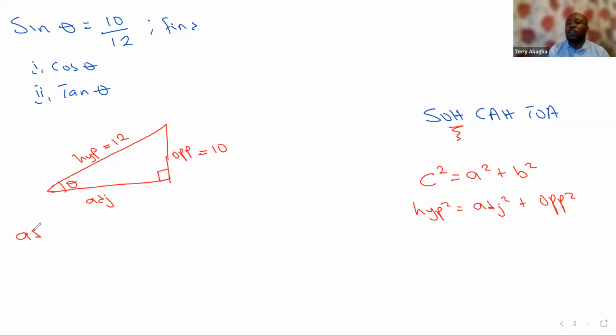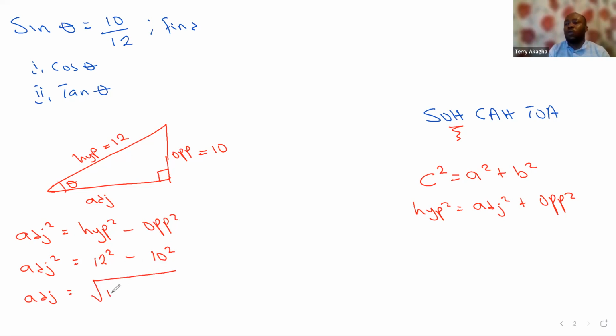So the adjacent squared will be equal to the hypotenuse squared minus the opposite squared, which is 12 squared minus 10 squared. So the adjacent is going to be equal to the square root of 12 squared minus 10 squared.